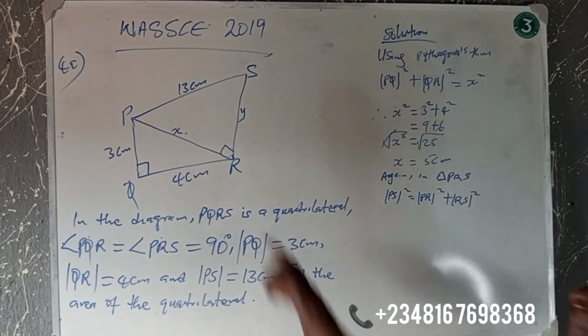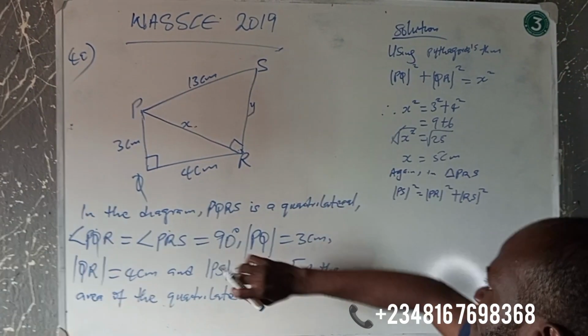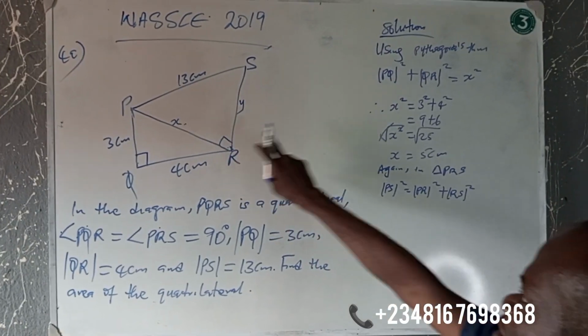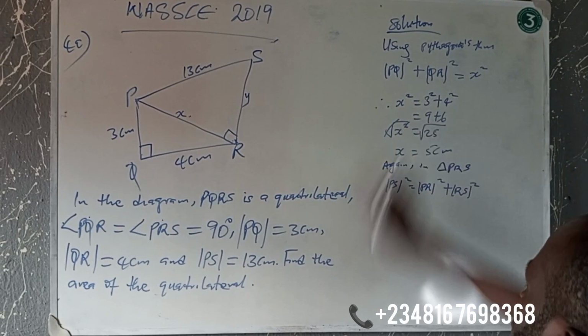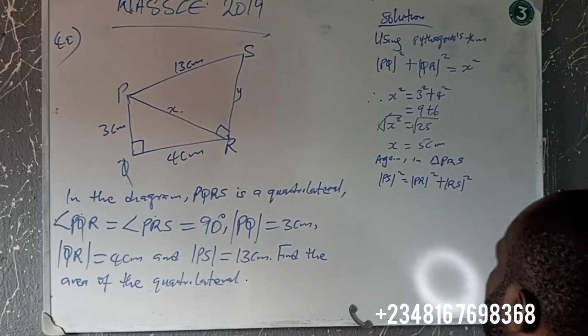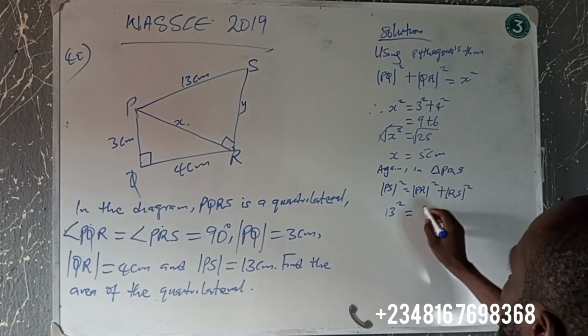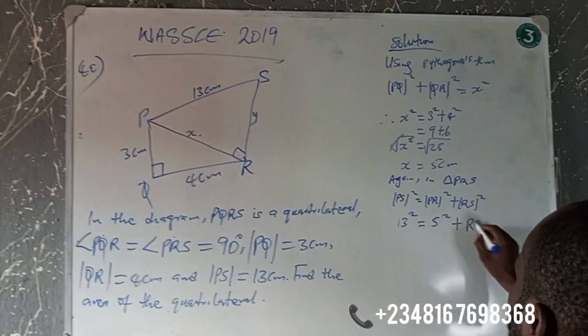My RS, which is Y, is not given. But my PS is 13 cm, and my PR is 5 cm, the one we just found. That is to say that 13 squared equals 5 squared plus RS squared.